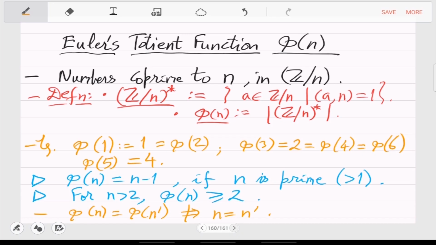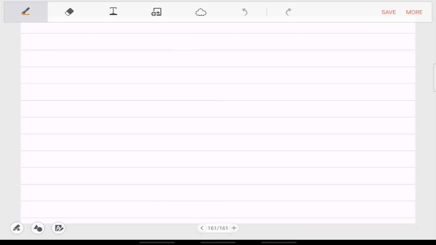Okay, so something slightly more challenging is, for a prime p, what is phi of p square? How do you analyze this? Right, so you do this by complement.